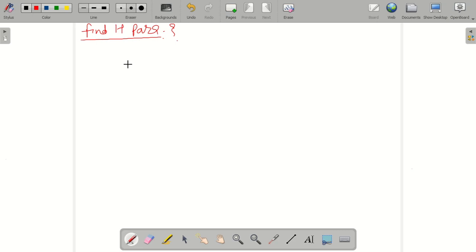अगर आपको H पैरामीटर निकालना है तो व्हाट वी हैव टू डू, we know the Z parameter equation. What was the Z parameter equation? We got V1 equal to 7 I1 plus 2 by 3 I2, and V2 equal to 2 by 3 I1 plus 68 by 9 I2.